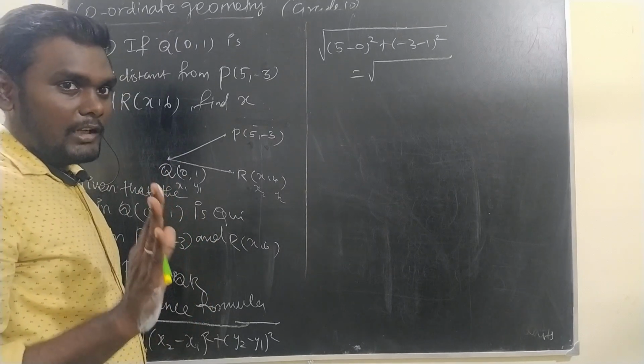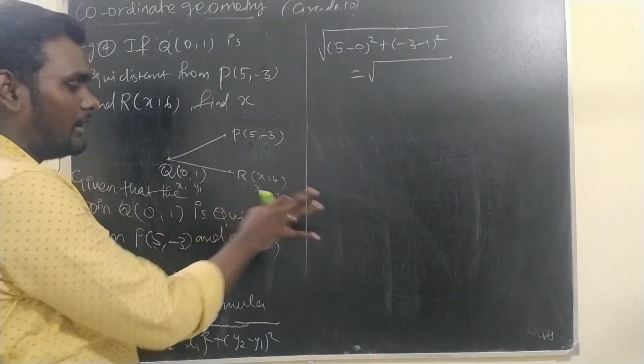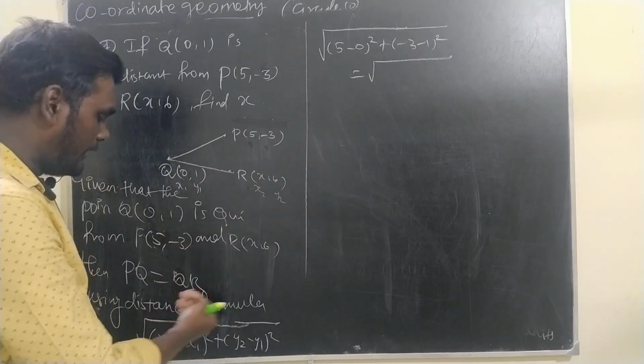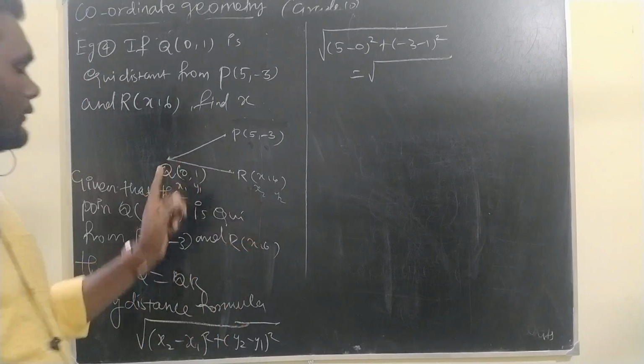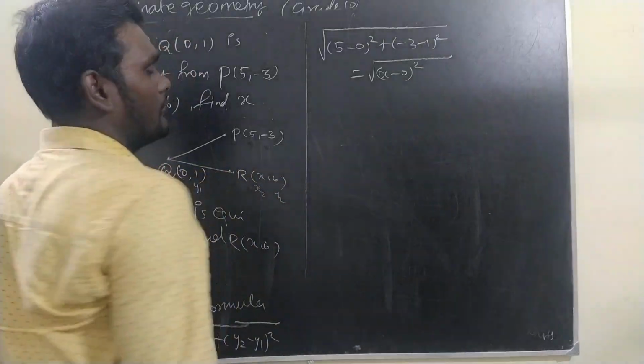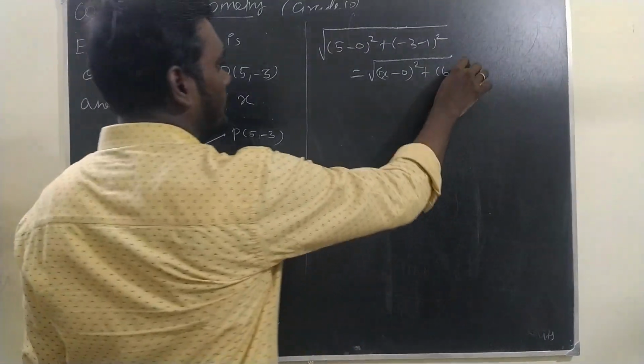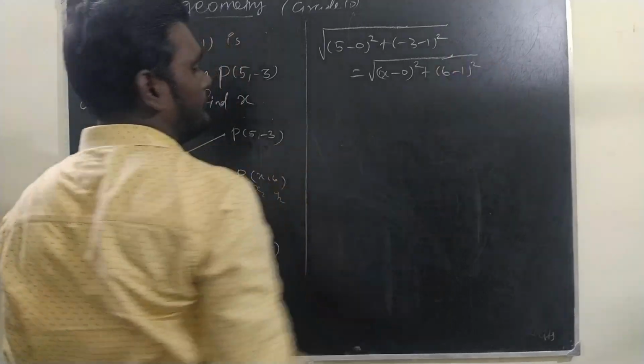I know, that is why I am telling you every minute detail. Because we need to calculate QR. Now x2 minus x1, that is x minus 0 whole square plus y2 minus y1, 6 minus 1 whole square.